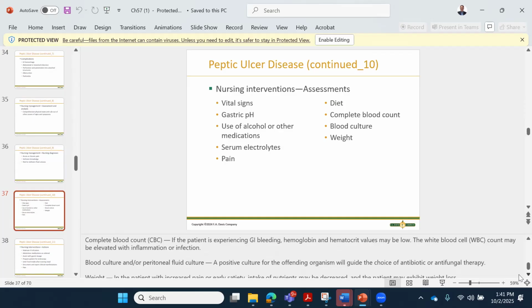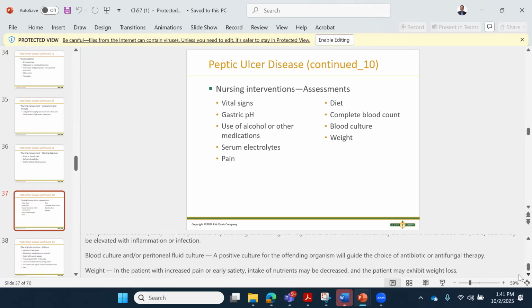Not hypovolemic from bleeding, but hypovolemic from loss of water or fluid. And then the patient may need to have blood cultures of their peritoneal fluids. And sometimes these patients, depending on the organism, may need to have antibiotics or antifungals. And then in some cases, even antivirals.